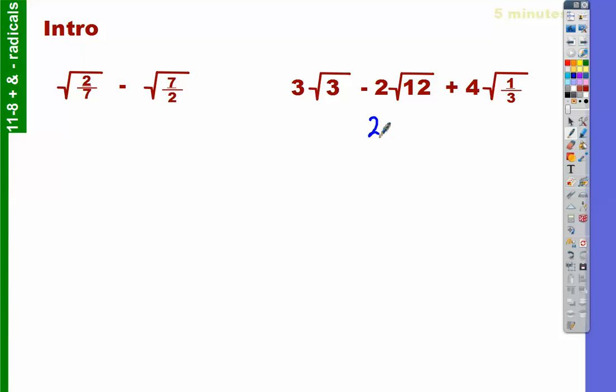So we have 2 times 2 root 3, because the square root of 12 is equal to 2 root 3. What is 2 times 2? So we have 4 root 3. I'll rewrite everything I have so far.